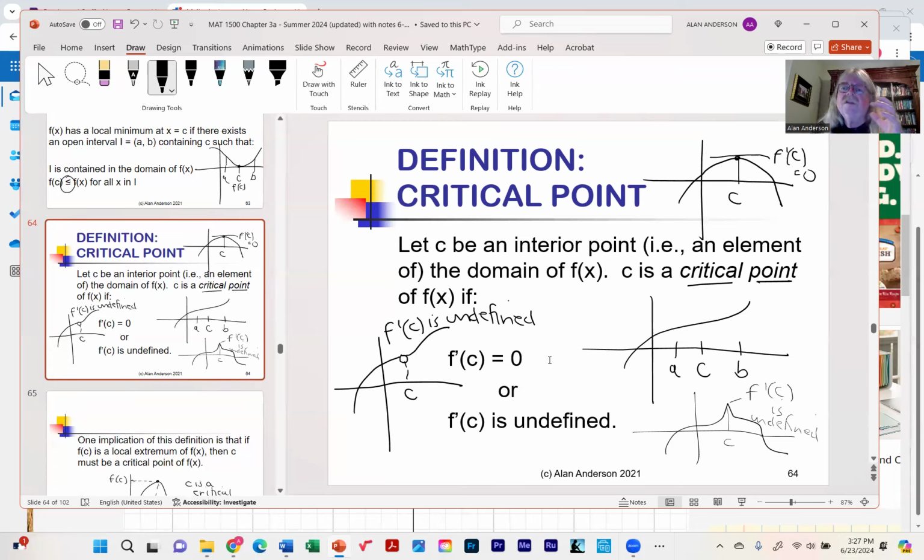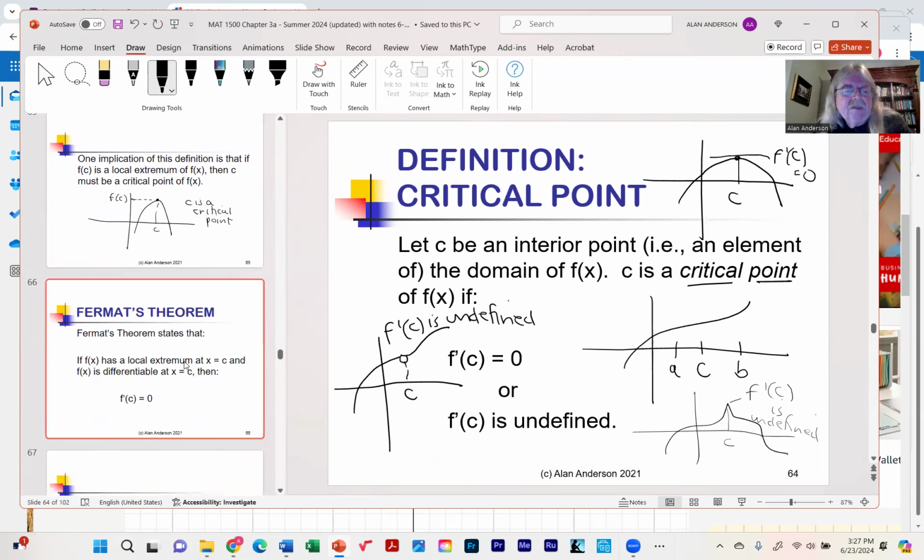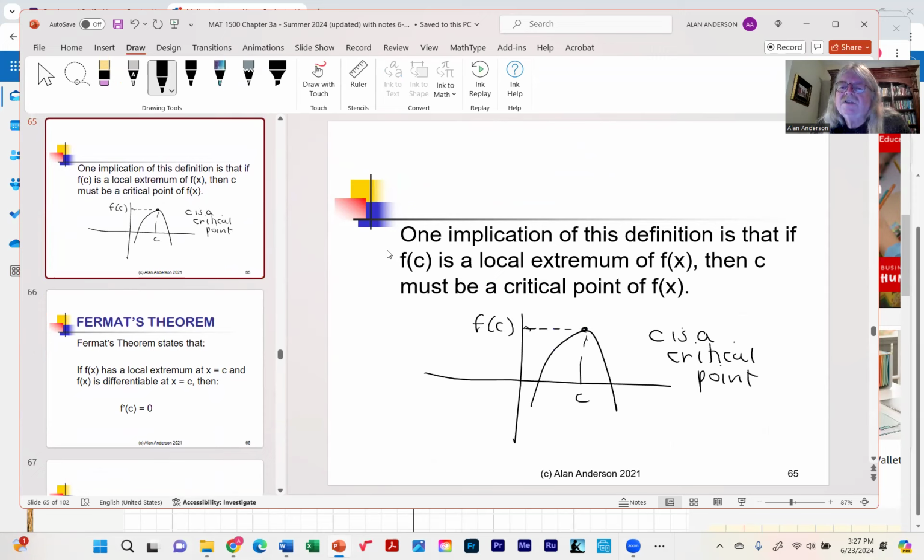How do we do that? Well, this is why we had to save this discussion for chapter 3, because this means we need derivatives. By the way, I do want to mention this. If f of c is a local extremum, then c must be a critical point. But it doesn't have to work both ways.